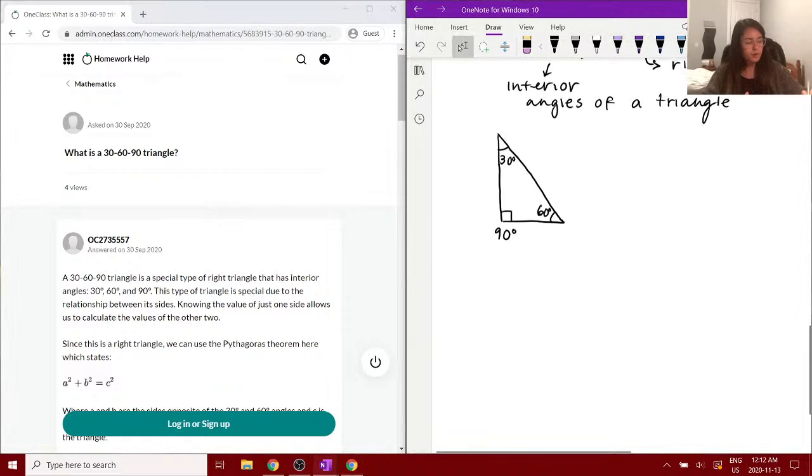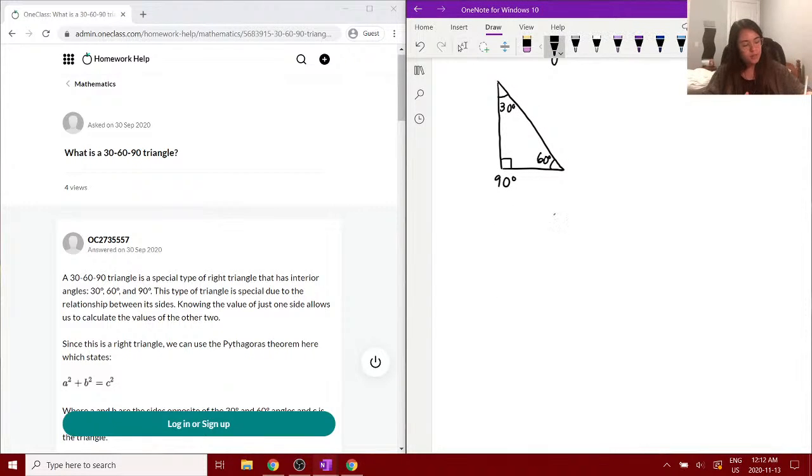So if we start off with an equilateral triangle, which means a triangle that has all the same length sides. In this case, we're going to say x as the length of the sides, and each interior angle is 60 degrees.